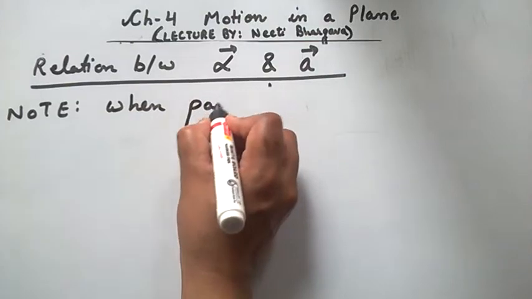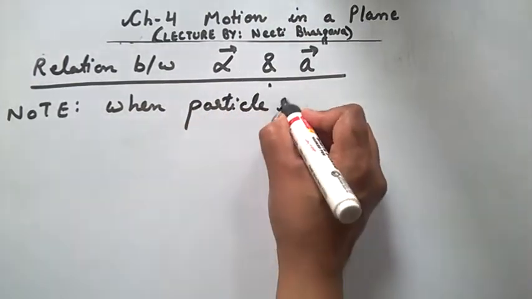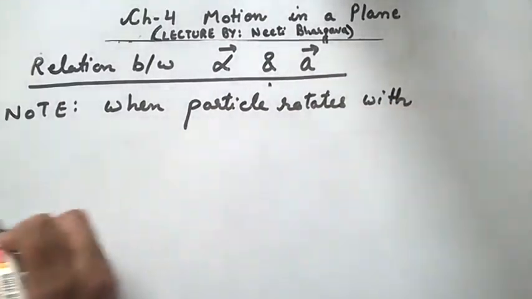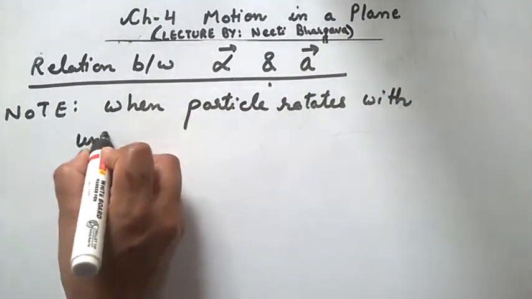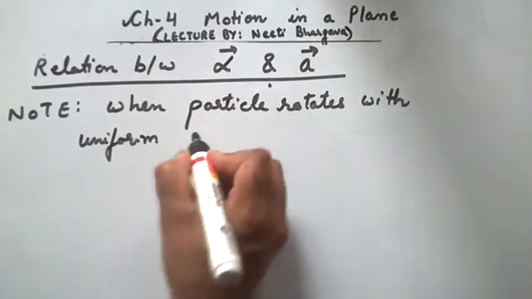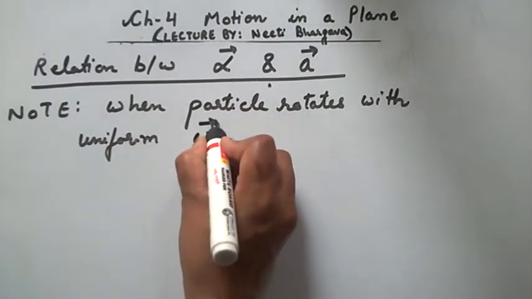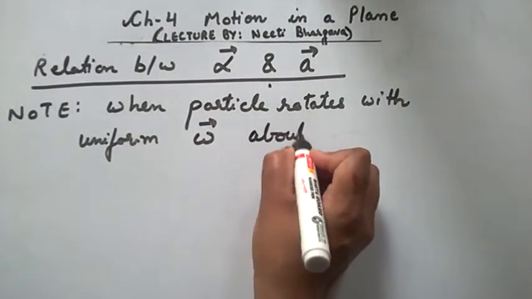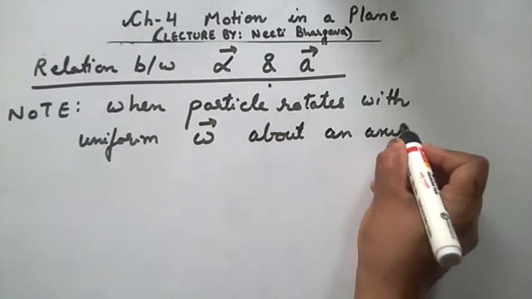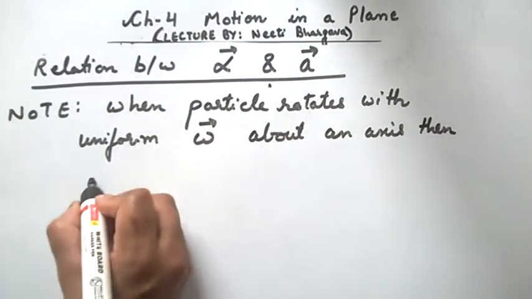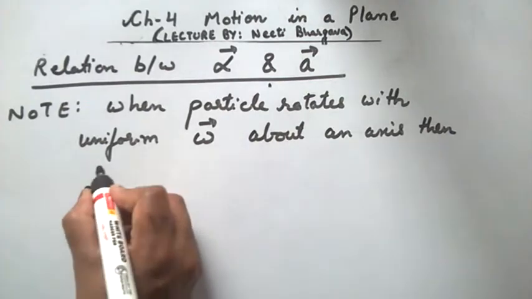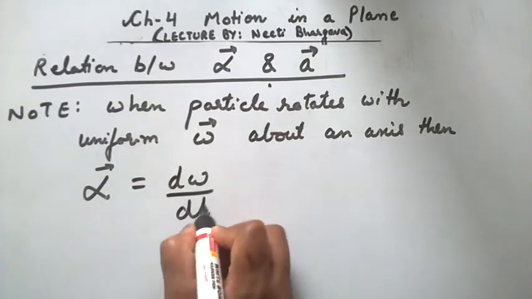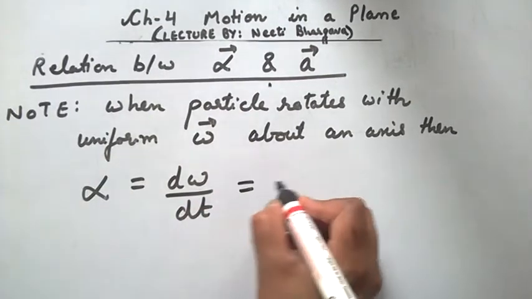When a particle rotates with uniform angular velocity about an axis, then its angular acceleration is equal to d omega by dt, and it is equal to 0.